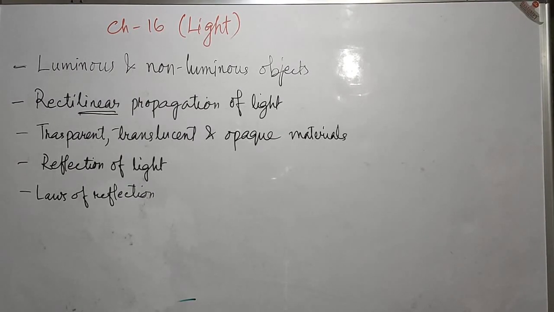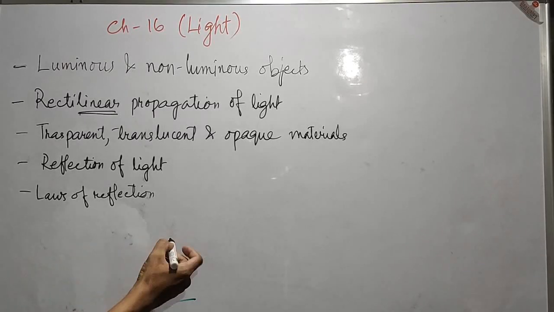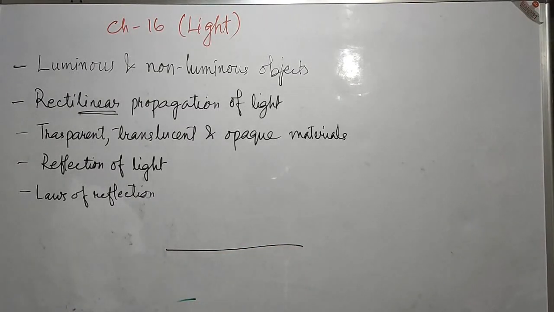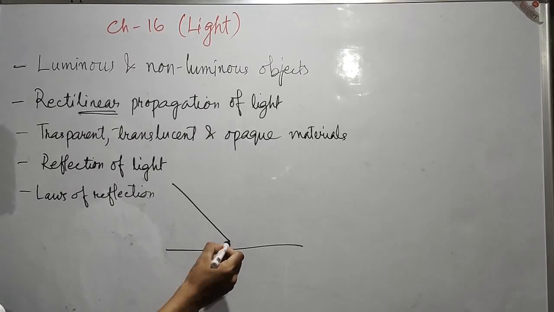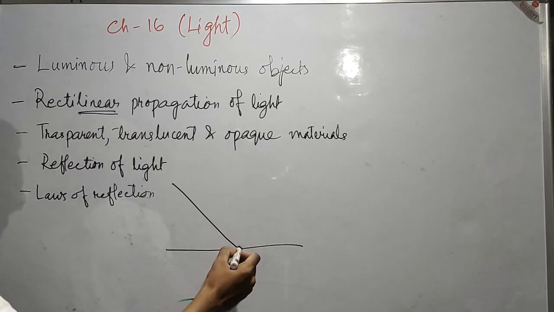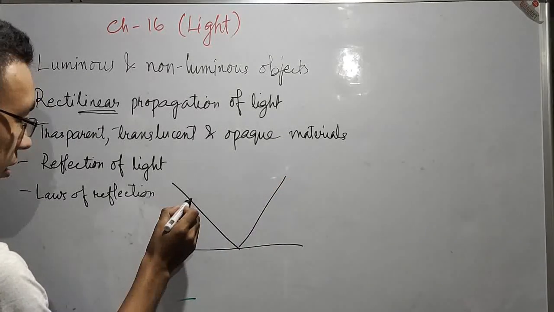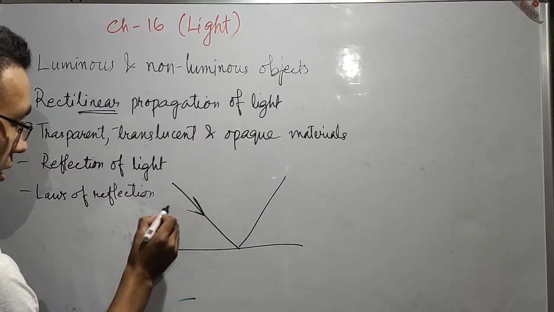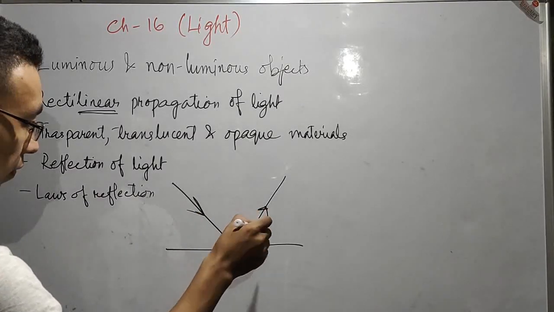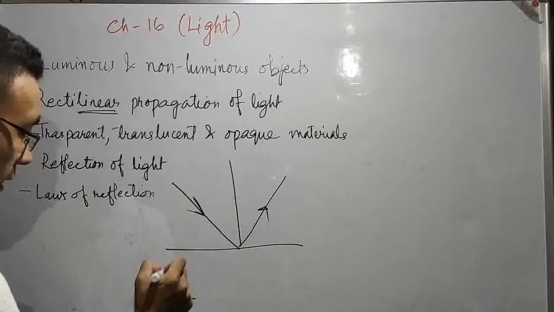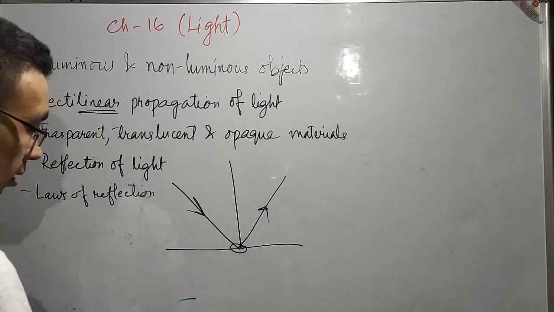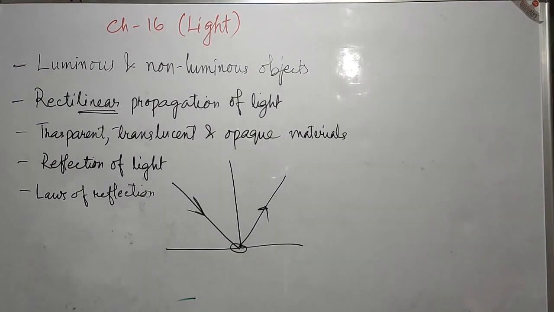See, this is the surface. The incident ray, the reflected ray and the normal are all lying in the same plane. So that is the first law of reflection.